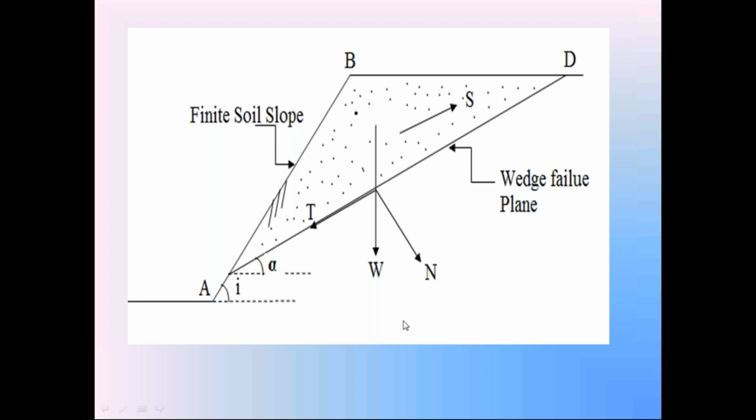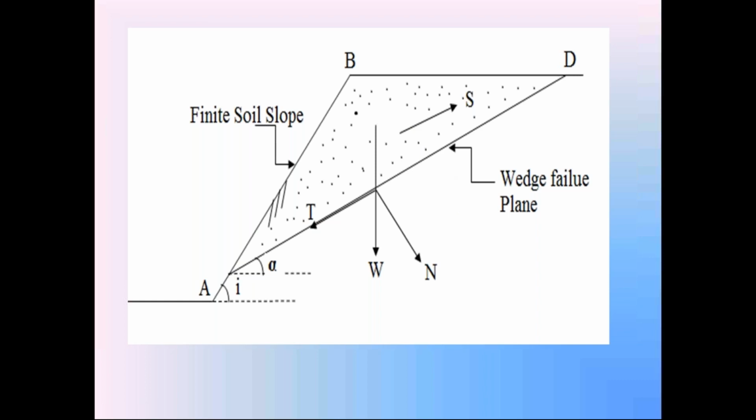Then if you observe the factors of safety among those different failure surfaces, the factor of safety of one failure surface is minimum. Among those different failure surfaces, the factor of safety of one failure surface is minimum.